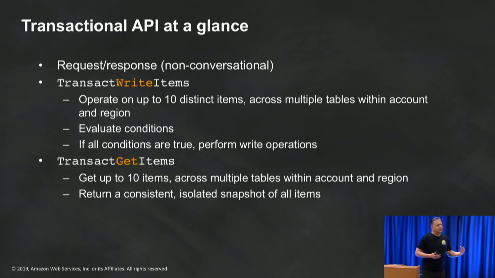And that's one of the reasons why we have the limitation of 10 items per transaction. We feel that that's sufficient for most use cases out there. And also, I take that as a clue. If I'm thinking about transactional behavior, I know that the API is designed to only take 10 items at a time. And so if I'm looking at something that might go beyond that, that might not be a great use case either.